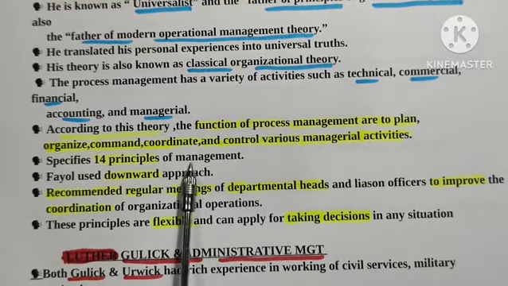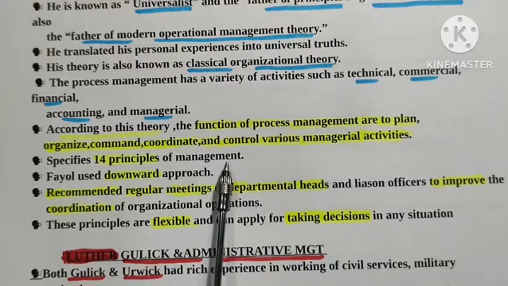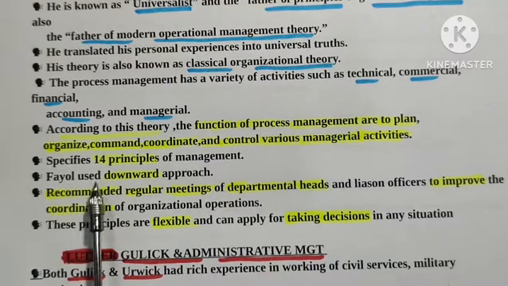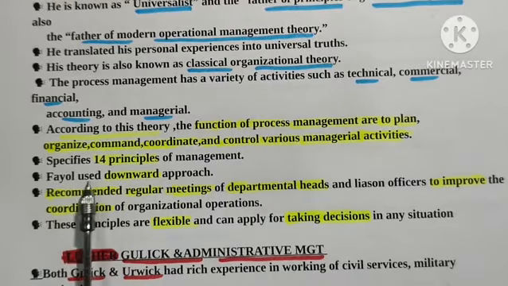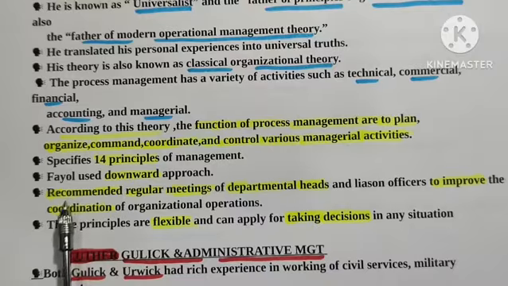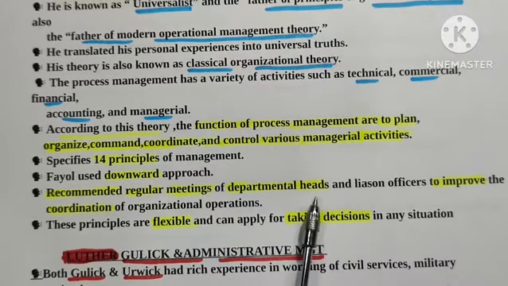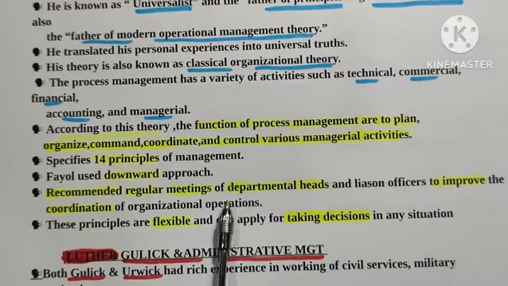The specific 14 principles of management are also given by Henry Fayol. Fayol used a downward approach, as he had worked as a manager. He recommended regular meetings of departmental heads. You cannot just convey rules and regulations one day and expect well-organized work from the employees.